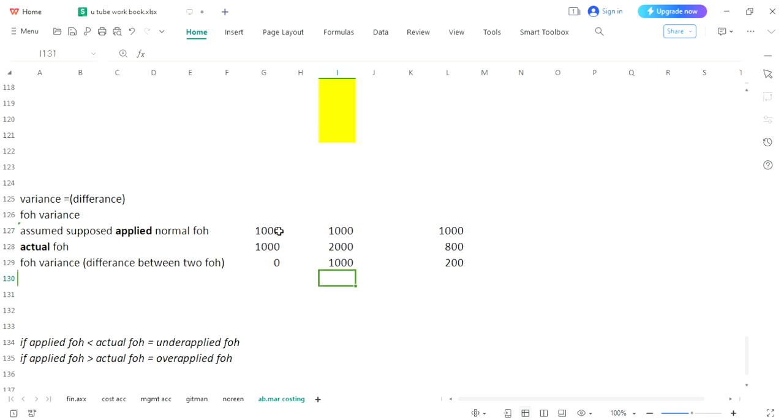Now let me know, if you have calculated the difference between two types of FH, that would be called variance, but in a different way. Here applied FH was less, actual FH was more, and what we have decided is, if applied is less than actual, you will call it under applied FH.